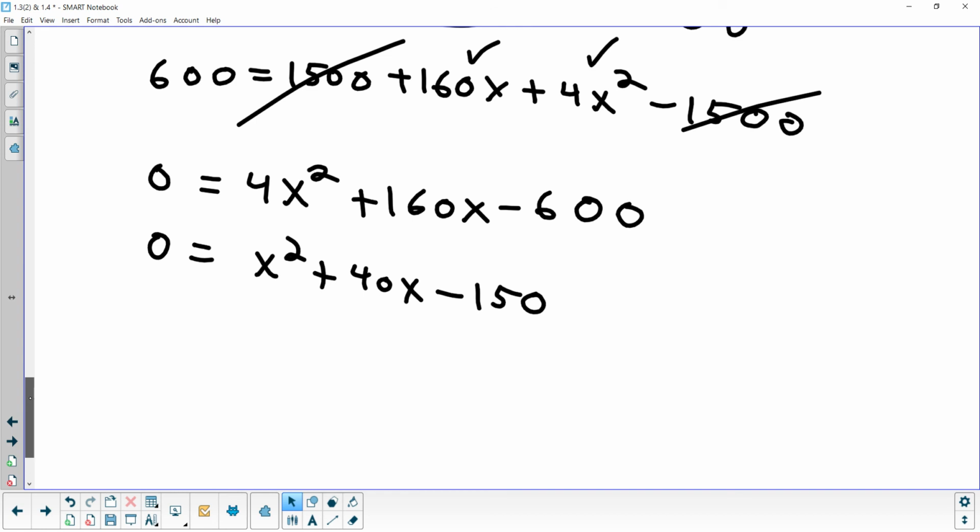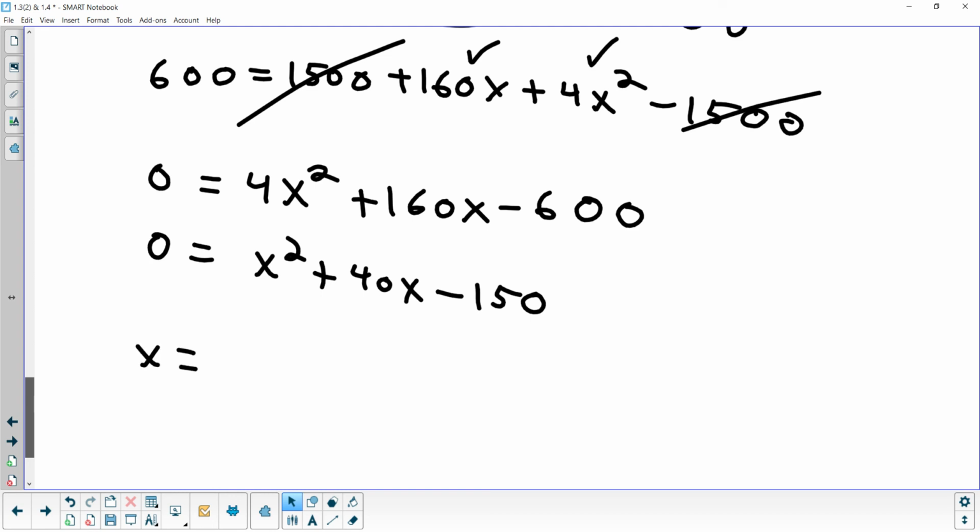So if you can't factor a quadratic equation, what's the other way you can solve it? This method is the method you have to use when it doesn't factor. Yep. The quadratic formula.